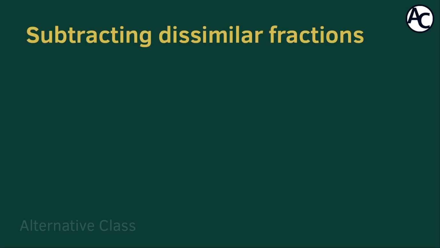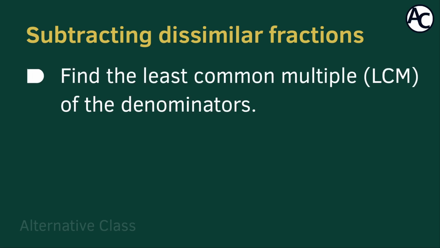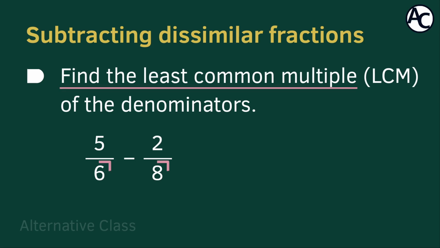How do we subtract dissimilar fractions? First, find the least common multiple of the denominators. Example: 5/6 minus 2/8. First, find the least common multiple of the denominators, 6 and 8. Let's use continuous division in finding the least common multiple.